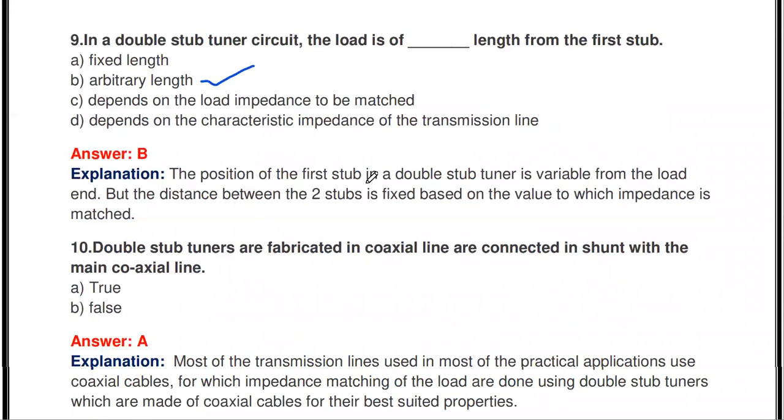The position of the first stub in a double stub tuner is variable from the load end. The distance between the first stub and the load is variable, but the distance between the two stubs is always fixed. So the load is of arbitrary length from the first stub.